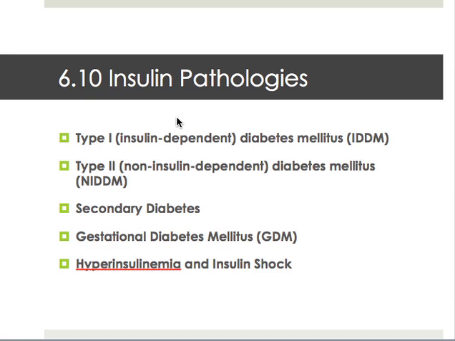A lot of things can go wrong with insulin concentration. We're going to focus our discussion on the first two, type 1 and type 2 diabetes mellitus. Type 1, again, being the insulin-dependent one. In type 1, the majority of the patients you're going to see are young, or have been diagnosed at a young age. You get a type 1 diagnosis when about 70% of the B cells have been destroyed.